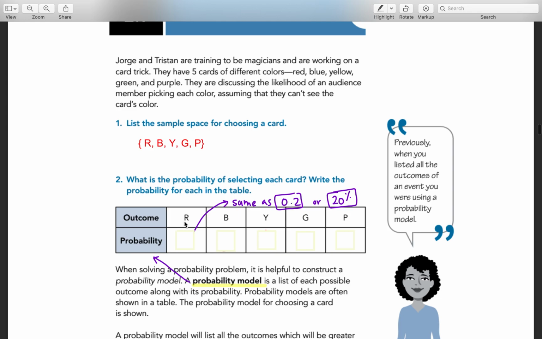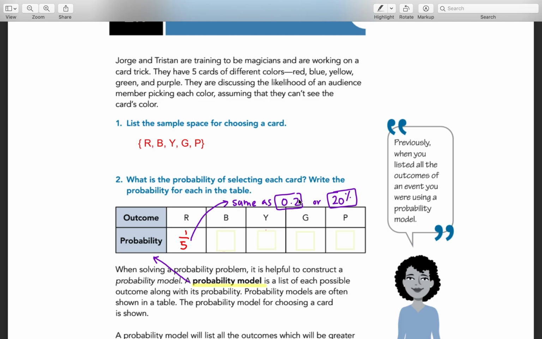So we have outcomes R, B, Y, G, and P. The chance of picking this R card is going to be 1 over 5 possible outcomes total, which we can write as 0.2.